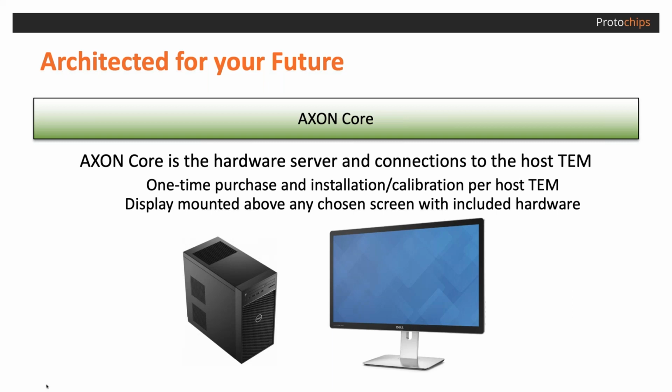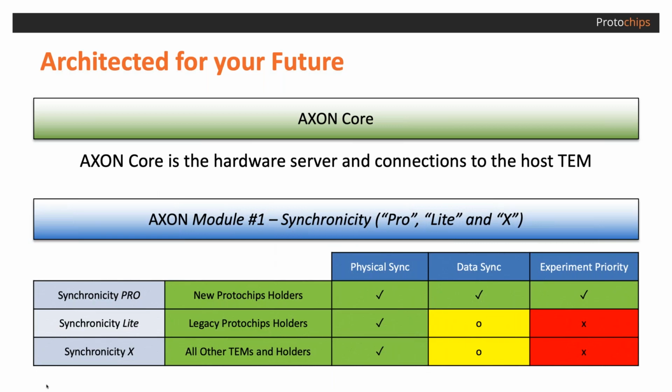So if there's room, you can put it there. If there's not room, it comes with all the hardware we need to mount the monitor for AXON above one of your primary monitors, wherever you choose. And so you'll always have AXON in a proper place so that you can use it frequently and with close attention. But after the hardware is installed and calibrated, it's all about the software.